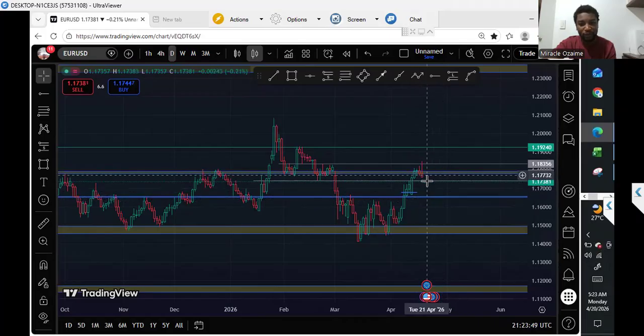But if we have a close below this area, then I'm going to be considering this level. But for now, I still think that the market is bullish, because this is where I think the market might most likely come and test. But if we close below this area this week, then I'm going to be saying that the market will come and test this region. But for now, I think the market has already tested where it needs to test.